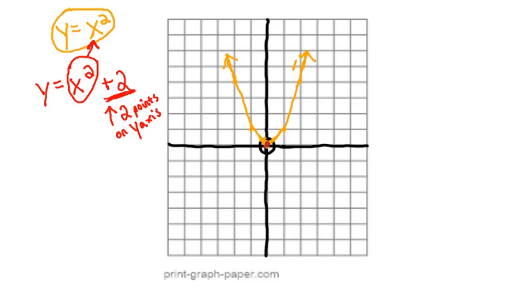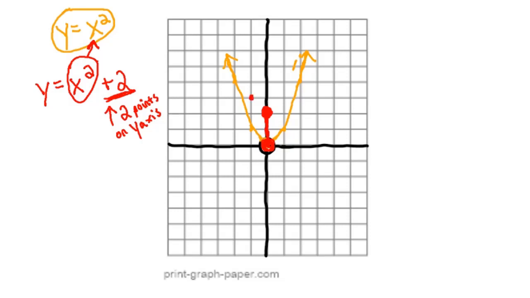So what do I mean by that? Well, let's take the bottom of the smiley face, and the bottom of the smiley face is in this middle circle right here. So you just go up 1 block, 2 blocks, and there's your new basis for the smiley face. So you just have to move everything up.